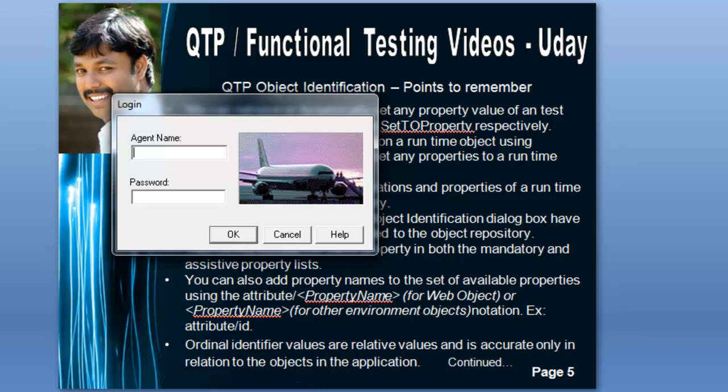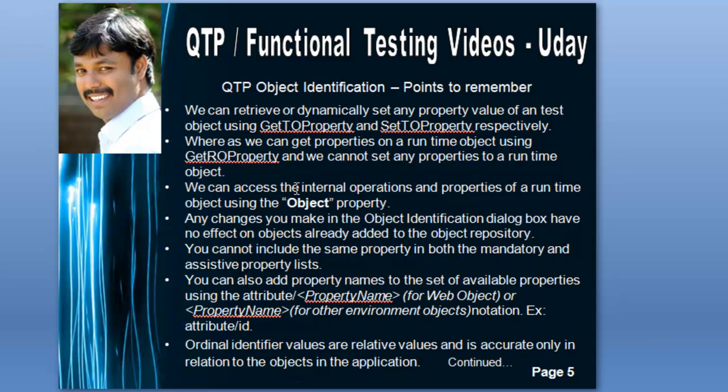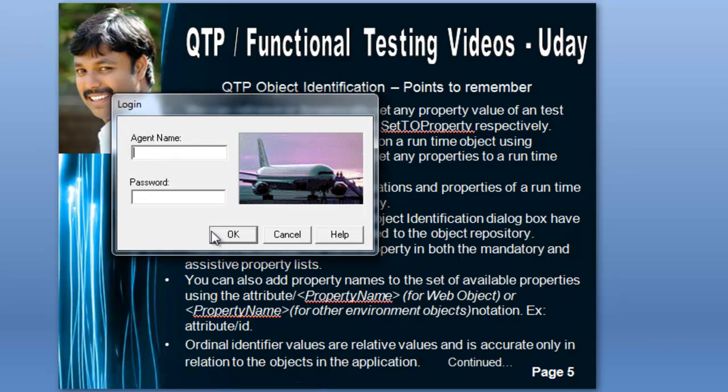Okay, we can access the internal operations or properties of a runtime object using the Object property. So for this control, if there are some other external properties or methods associated with that object, then we can use the Object method.